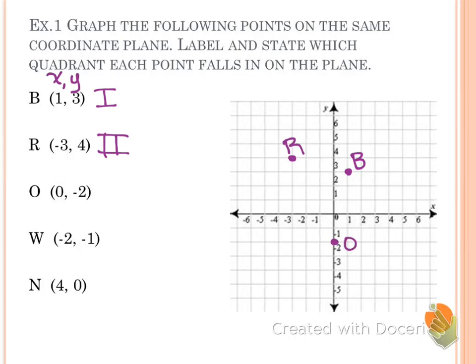So that is where we put point O. Now this one is not in a quadrant. It is on which axis? It's on the y-axis, so that's how we describe its location. If it is not in a quadrant, it's got to be on an axis.